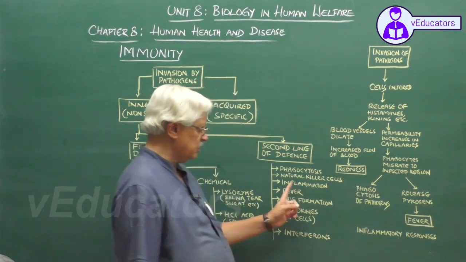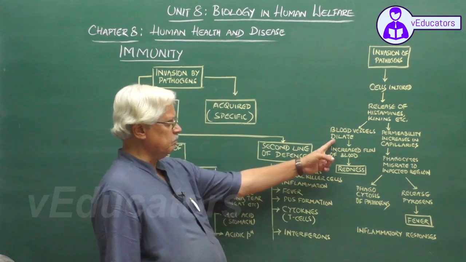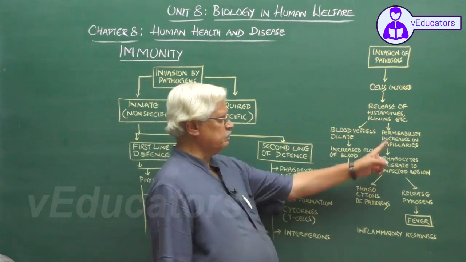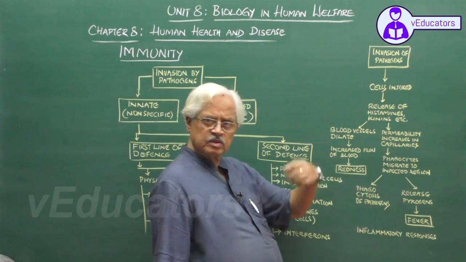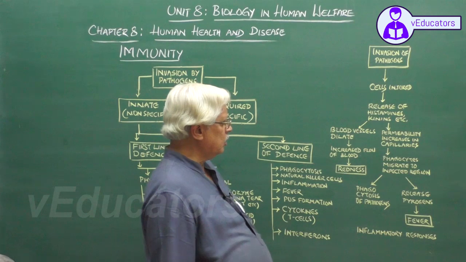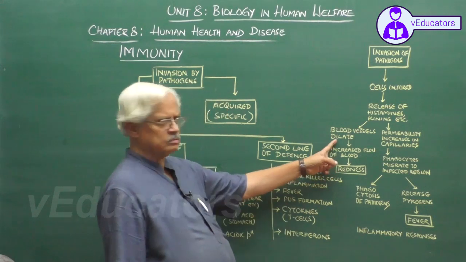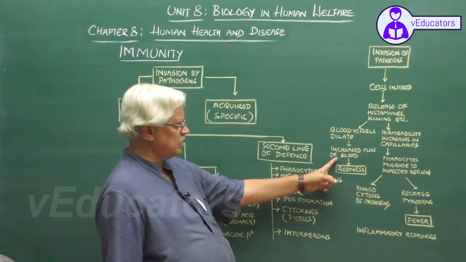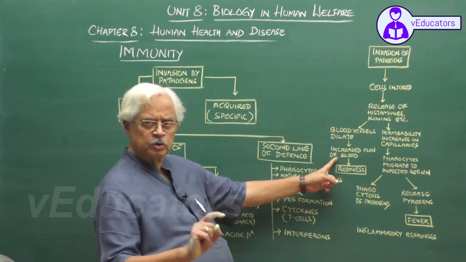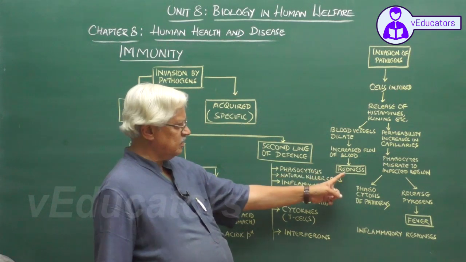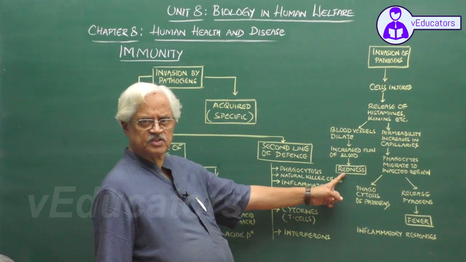This is what I said, local changes. Blood vessels dilate, permeability in the capillaries increases. Due to dilation of blood vessels, there is an increase in the flow of blood to the infected region, and this causes the redness.